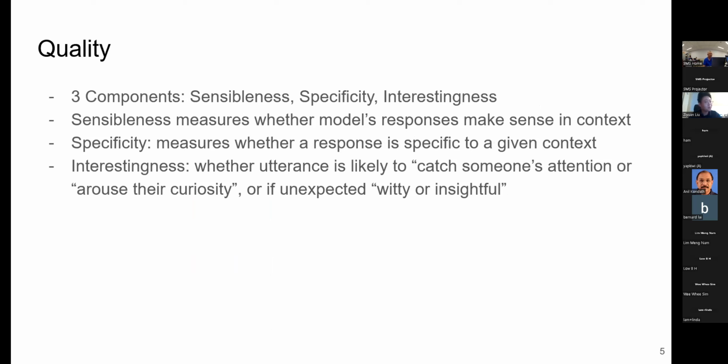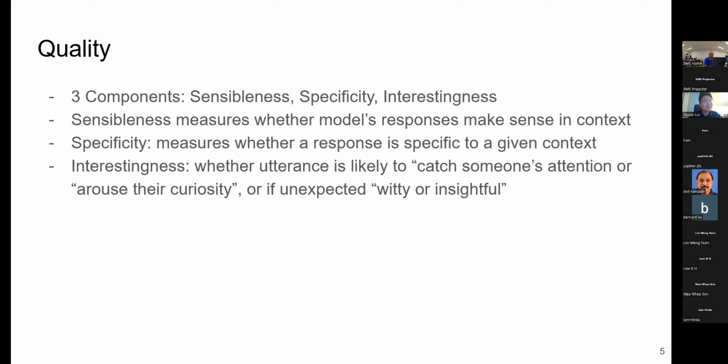It has three metrics. Basically, we start with quality. The quality score has three components: sensibleness, specificity, and interestingness. Sensibleness measures whether a model's responses make sense in context. For instance, if the user says, "What sort of food do you like?" and the bot replies, "Oh, I like to watch football games."